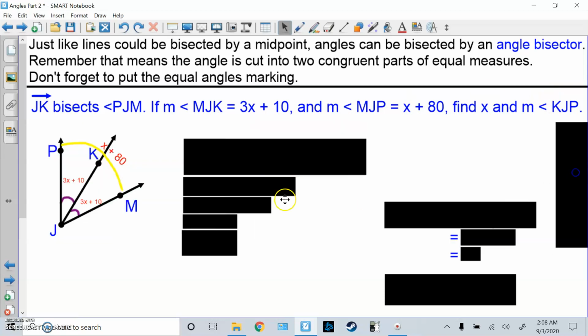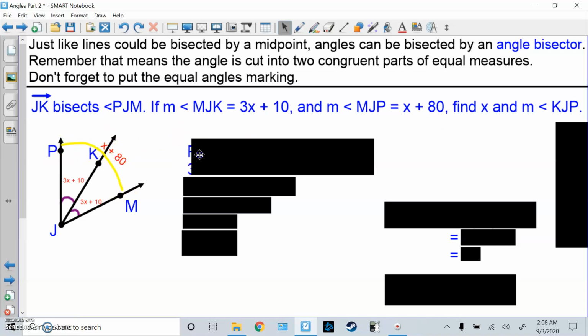So here's the picture. PJM, notice the ray is J to K, it's going this way. I put the two congruent angle marks, the purple marks, so that means they're the same. They gave us MJK, the bottom one, is 3x plus 10, and they gave us MJP. MJP is the entire thing, as the yellow mark, is x plus 80.